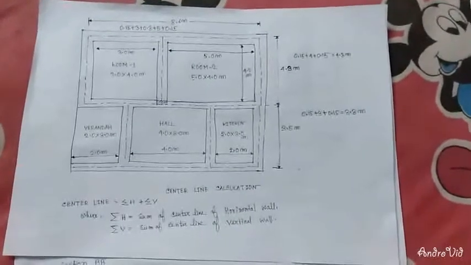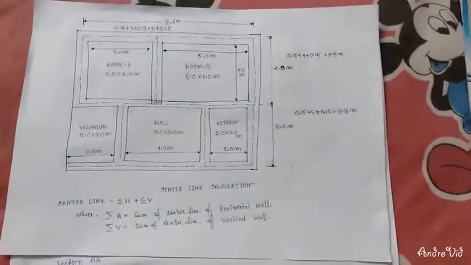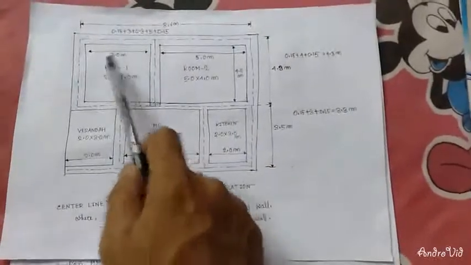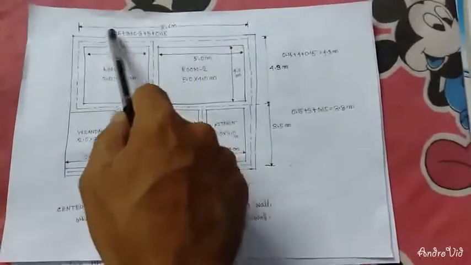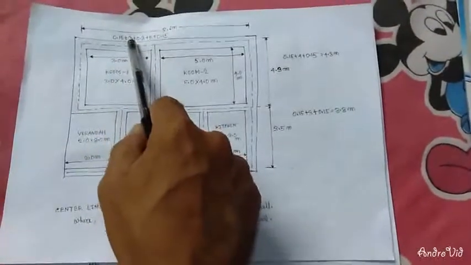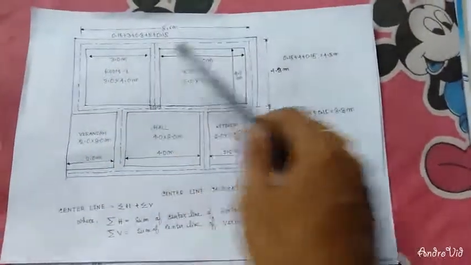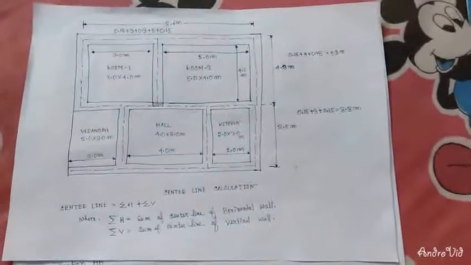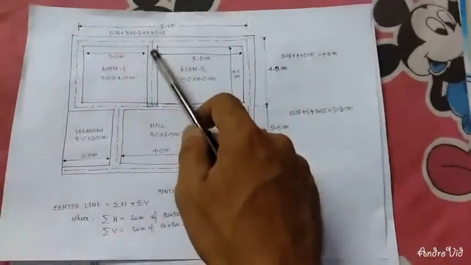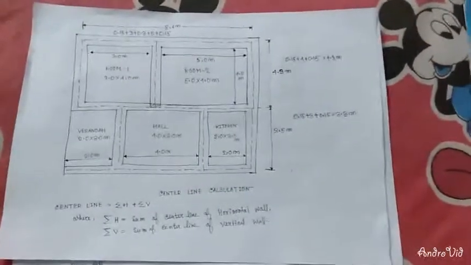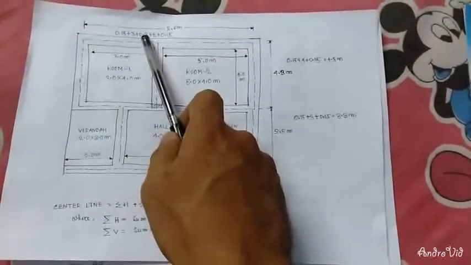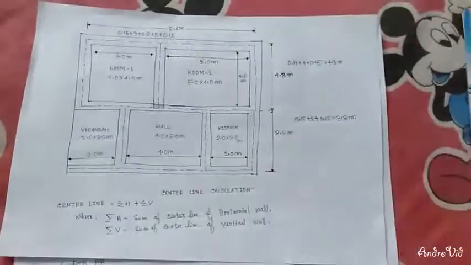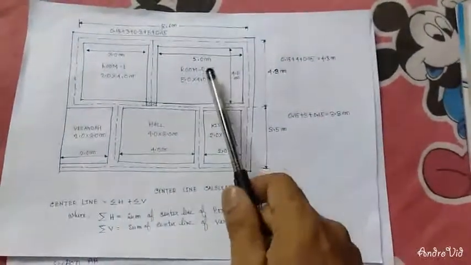The in-to-in dimension of room 1 is given here, and that is 3 meter. So we have to put here 0.15 plus 3, and plus again one wall is here. For this wall we have to consider the full wall thickness, so full wall thickness is 0.3 meter. Then plus 5 meter for room 2.